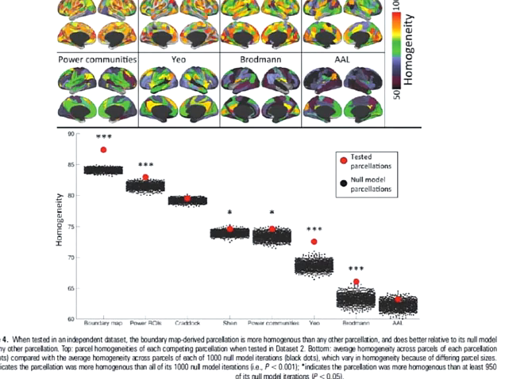So looking at the Power region of interest parcellation, the Craddock, the Shen, Brodmann, Yeo, AAL, basically, they tested all of these against the null model parcellation, and I think if you look closely, you can see where his is. Well, I don't actually see his, this thing is too small for me to read from here. But if you look at these metrics, he was trying to demonstrate how the particular approach that he was using was, in some ways, more optimal than some of the other approaches that have come before.